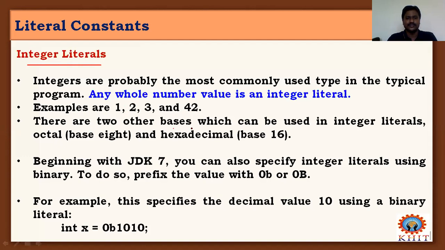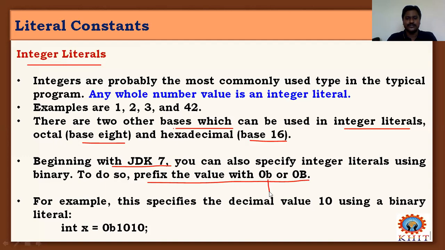There are two other bases which you can use for integral literals, base 8 and base 16. Beginning with JDK7, as I told you in the previous lab session, try to install JDK 7 or later versions to be comfortable with our Java course for the R19 regulation. Here you can specify the value with a prefix.